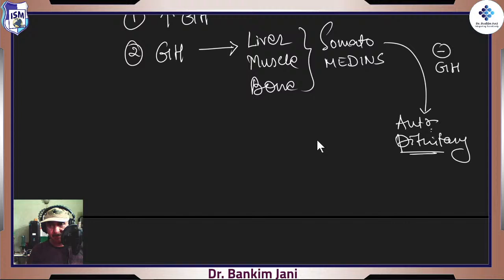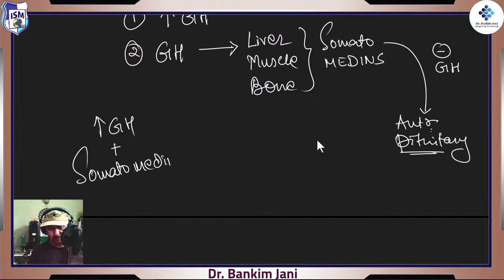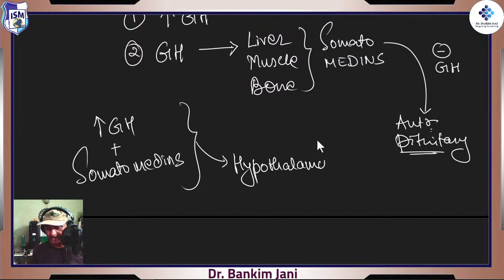The third, and this is worth remembering, increased growth hormone plus somatomedins. Somatomedins from liver, muscle and bone act on the hypothalamus also. See how smart, they act on the local and also act on the headquarter.